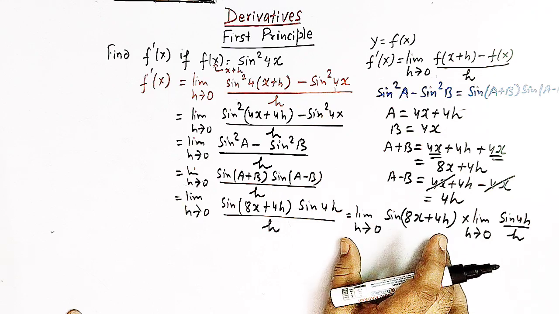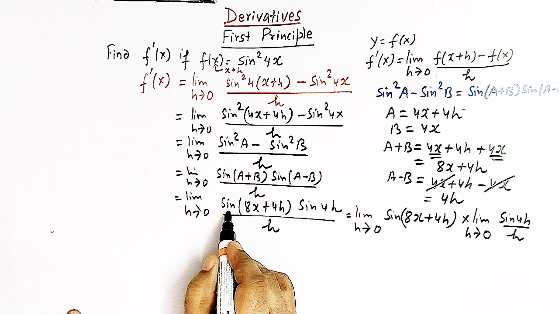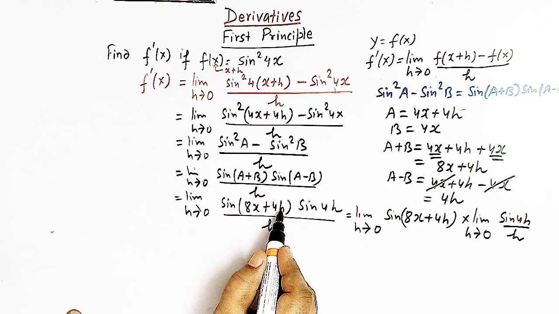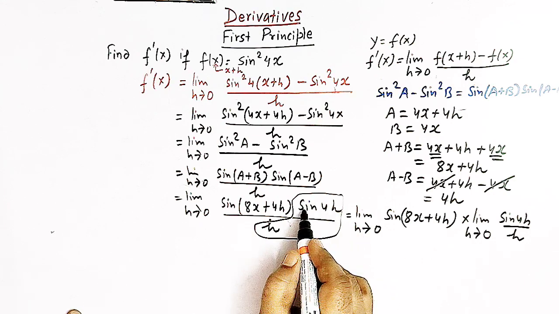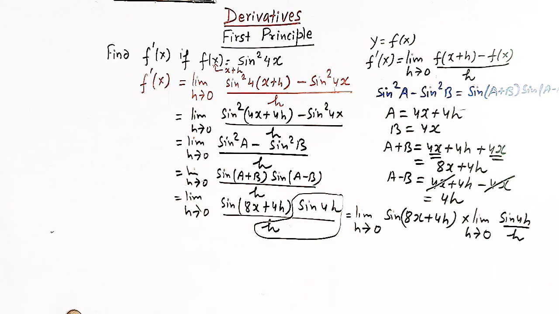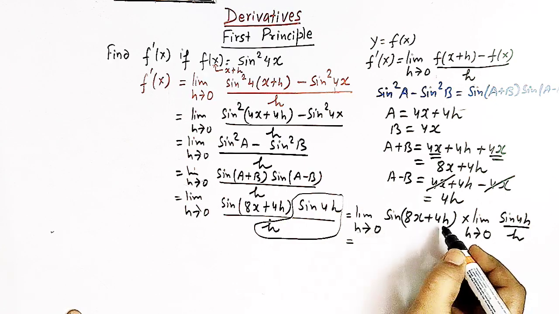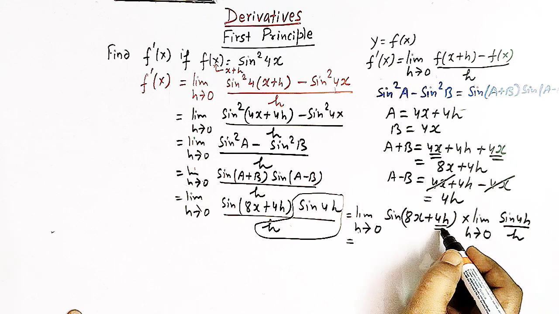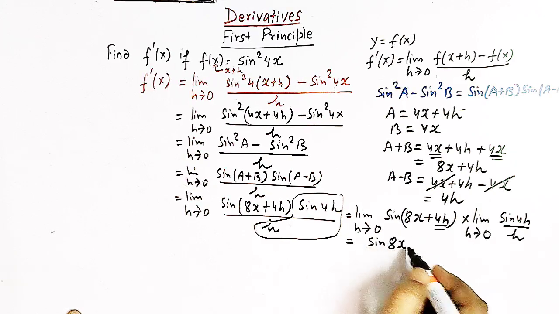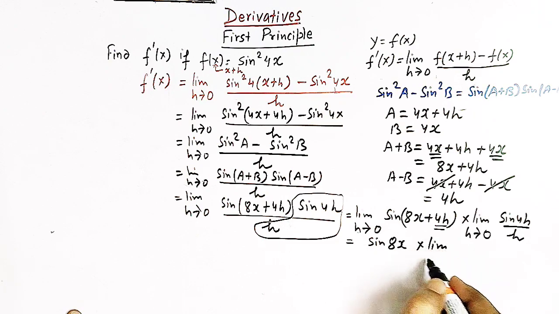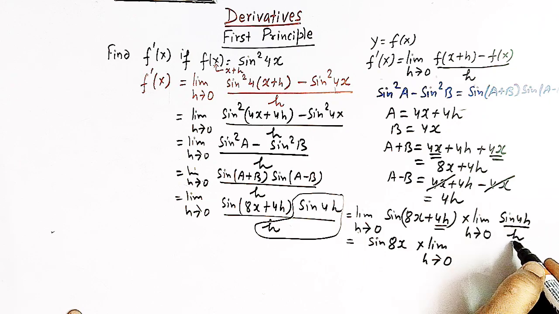So what we have done here, we have taken the limit first with sine 8x plus 4h, then with this term, that is sine 4h over h. Okay, so now here when h tends to 0, then this term goes to 0, so we have simply 8x here, and here we can write limit h tends to 0 of sine 4h over h.